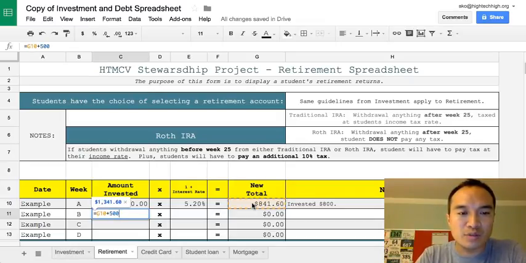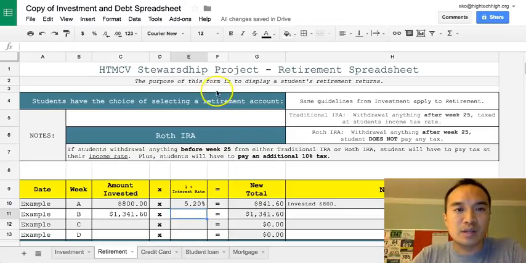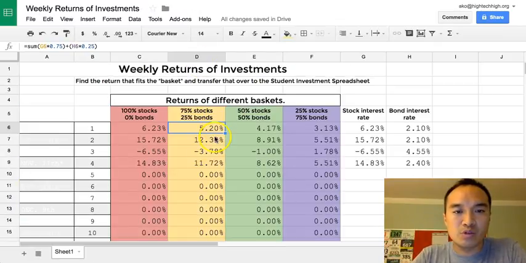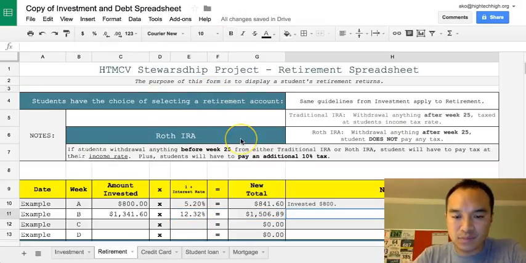Add 500. I want to point out when people invest more money, we're going to add. This interest rate comes from here, 12.32, and same thing.